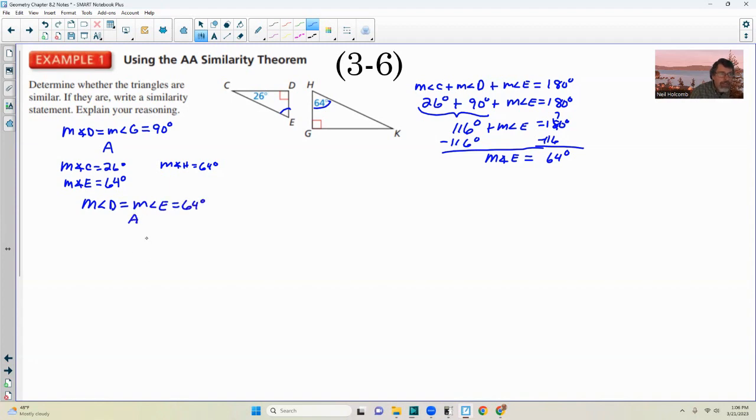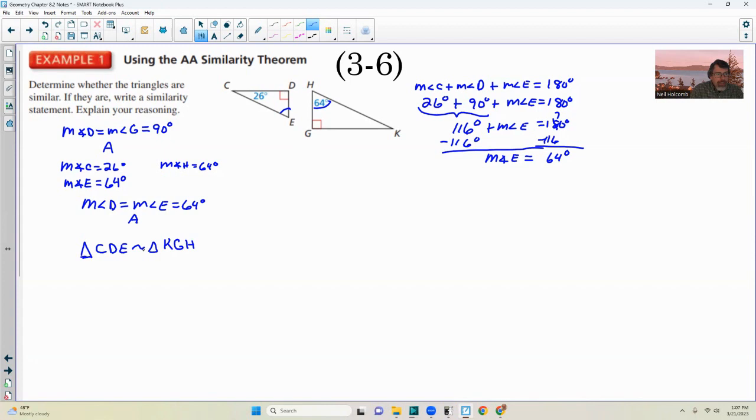And that's another angle. So I can now say triangle CDE is similar to triangle KGH. I'm trying to do it in the same order. D and G have to be in the middle because they're 90. C is 26, K is 26, so those have to be first. So to do this properly, you have to order the corresponding parts in the right order.